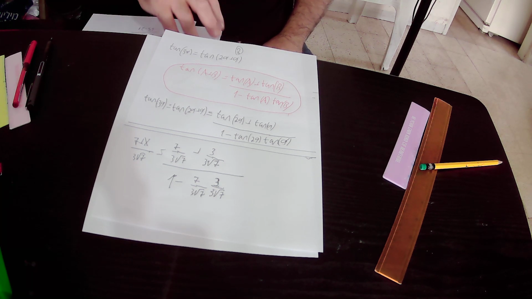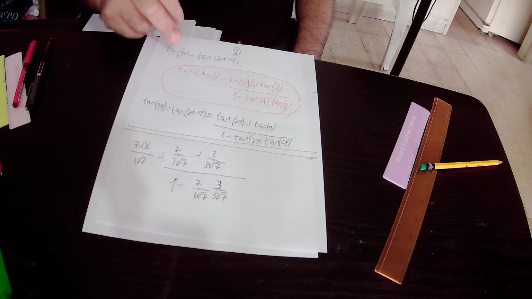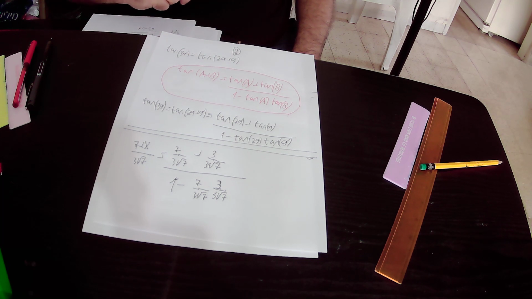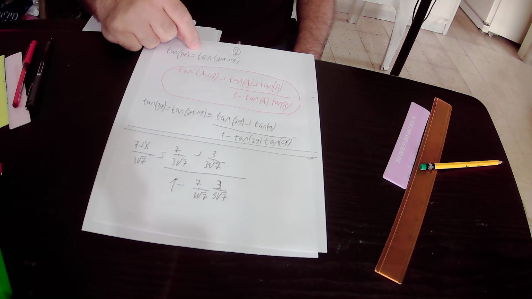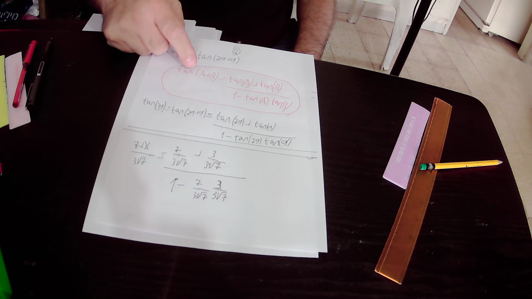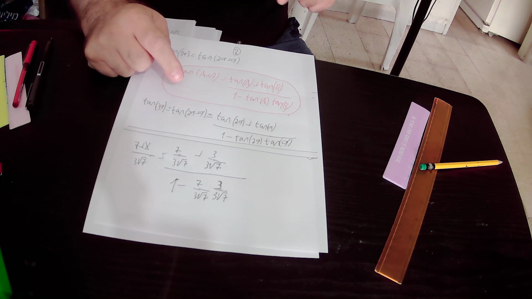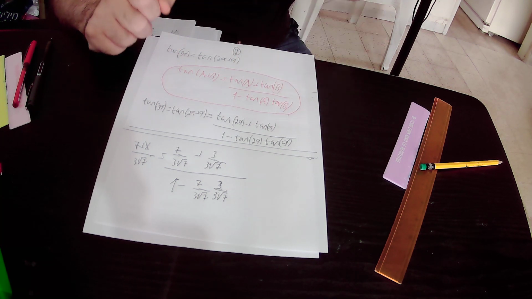In order to find the value of tangent of 2 alpha plus alpha, I presented to you a trigonometric identity that states that tangent of A plus B equals tangent A plus tangent B over 1 minus tangent A times tangent B. According to this identity, tangent 3 alpha equals tangent 2 alpha plus tangent alpha over 1 minus tangent 2 alpha times tangent alpha.